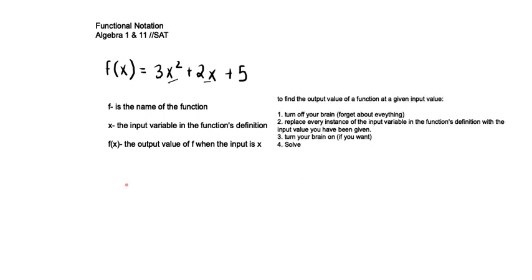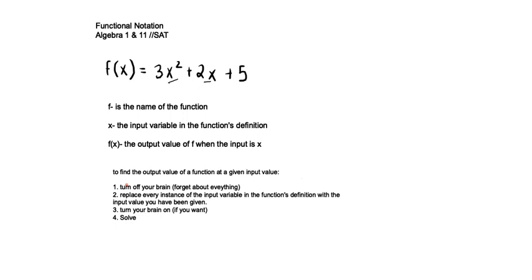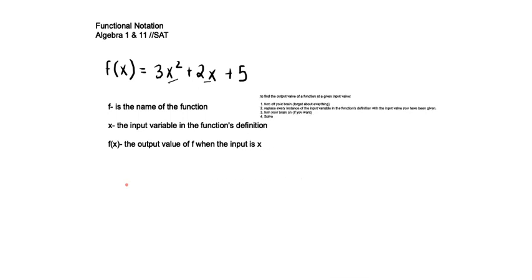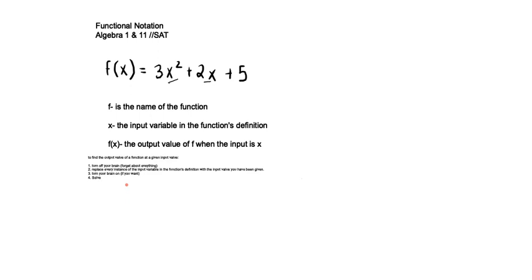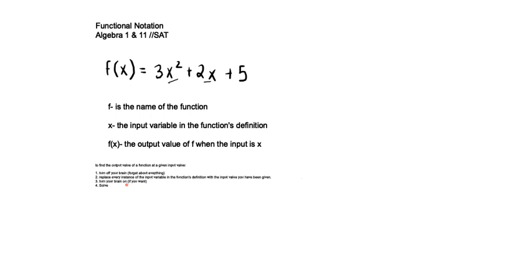Sorry, guys, I just need to find some room to write the example down. All we have to do is replace every instance of the input and solve at the end of the day. It might seem very simple, but when we look at more complex examples, it's something we kind of forget. So let's look at this example.